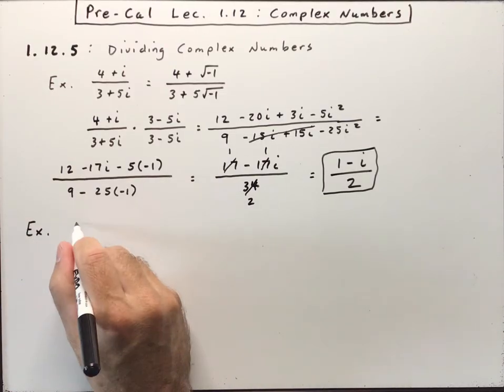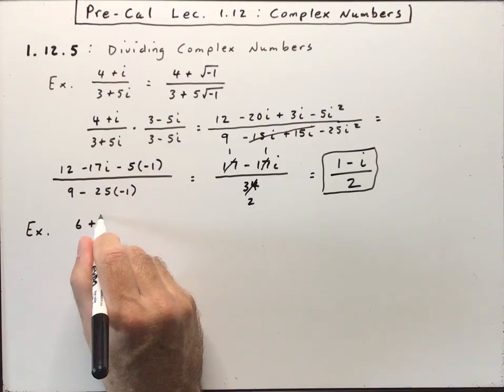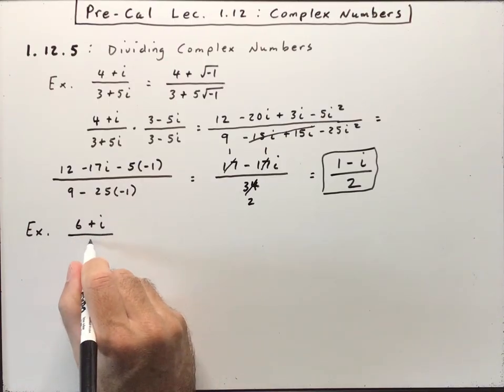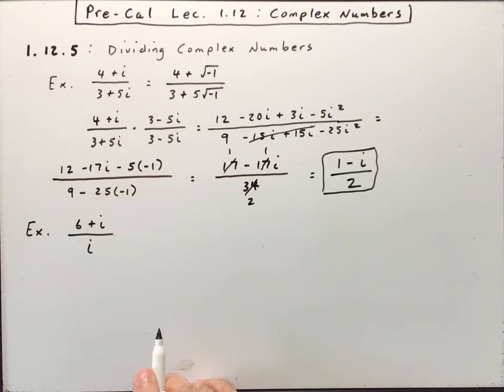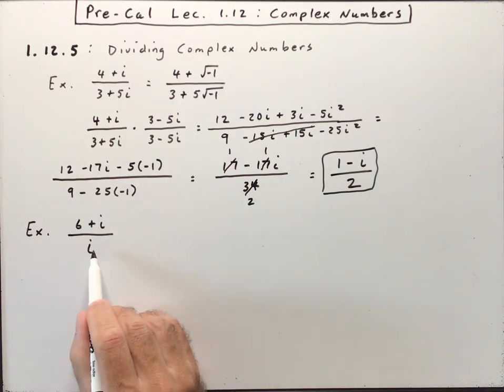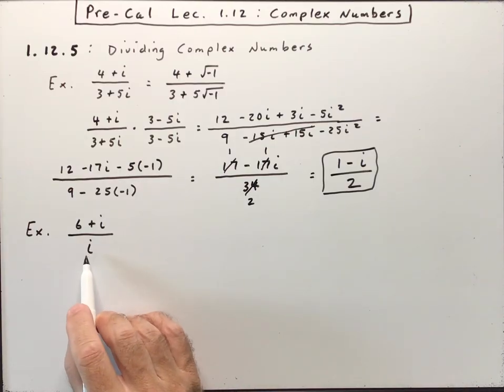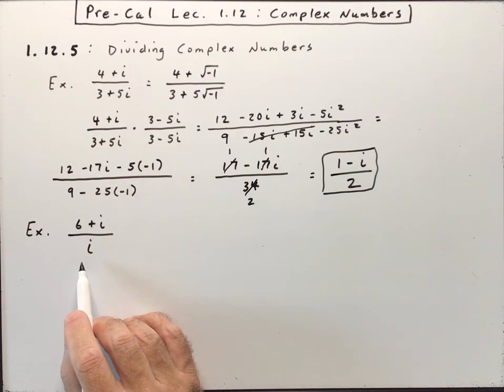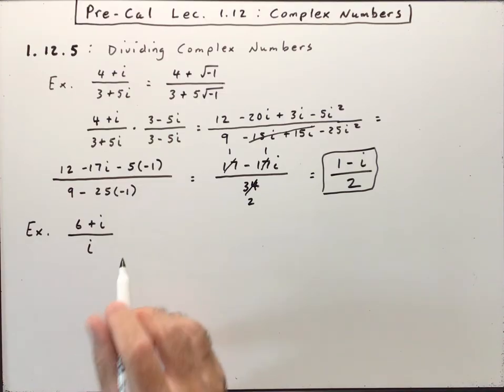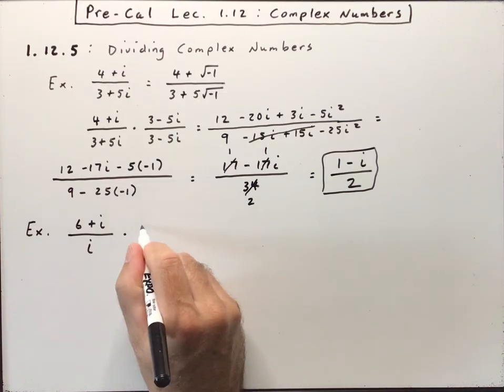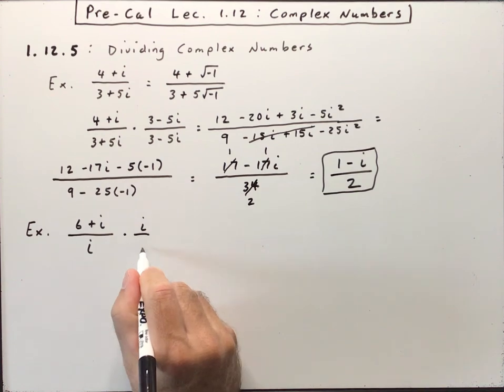Let's say we have 6 plus i over i. You're thinking, okay, well, what is the conjugate of i? Well, you could do negative i. That is totally fine. That will work, but there's a simpler thing to multiply by. How about i over i?